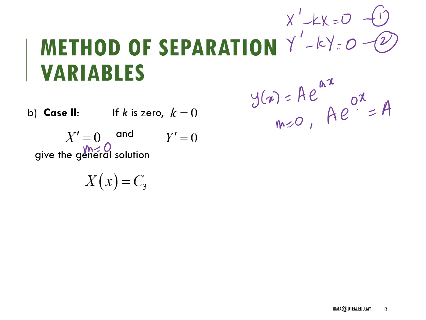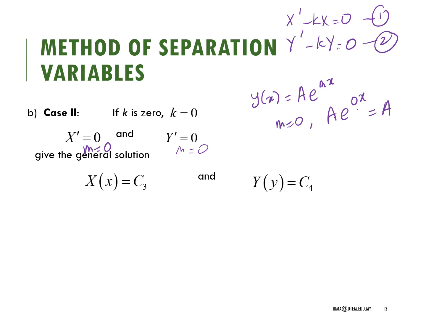That is why I didn't put a, but just a constant C3 for the general solution of x. The same for y: when we solve this, we get the same root, 0. So with m equal to 0, the general solution for y is a constant, which I put as C4.